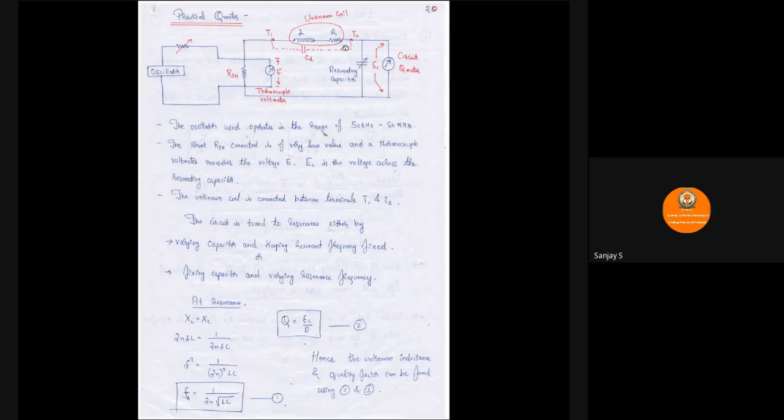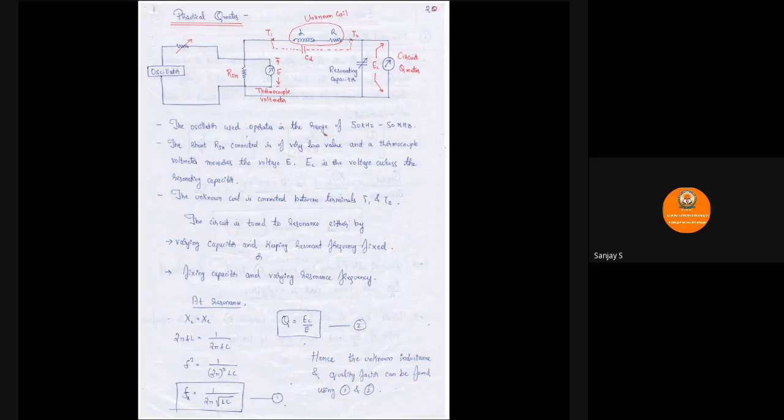That means its effect is present, but physically there is no capacitance there. We have a resonating capacitor, which is a variable capacitor, and we have the voltmeter here, which is termed as circuit Q meter. Across this voltmeter, we measure the capacitor voltage EC, and then we measure E across the thermocouple voltmeter.